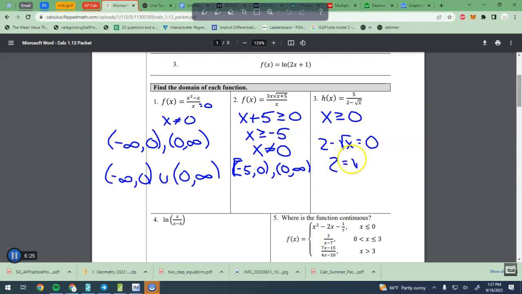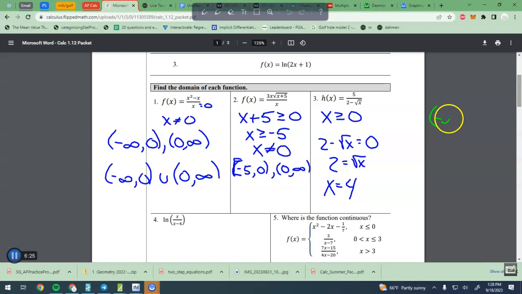So if I add the square root of x to both sides, I get square root of x equals 2, and then if I square both sides, I get x equals 4. So that means I need x to be greater than or equal to 0, but it can't be 4.